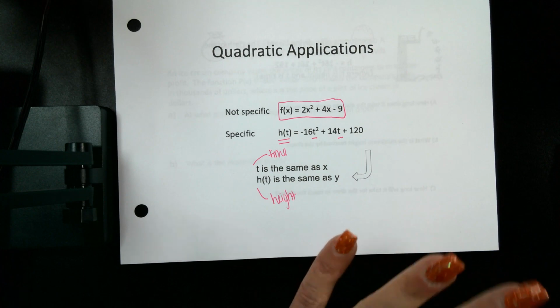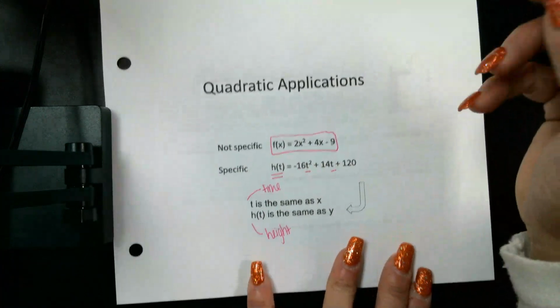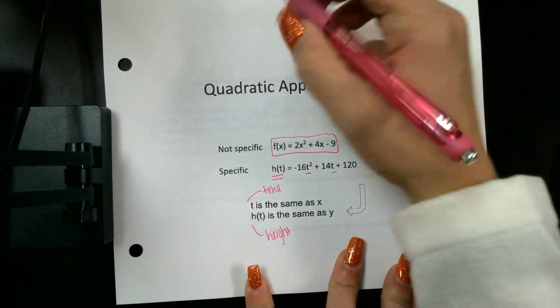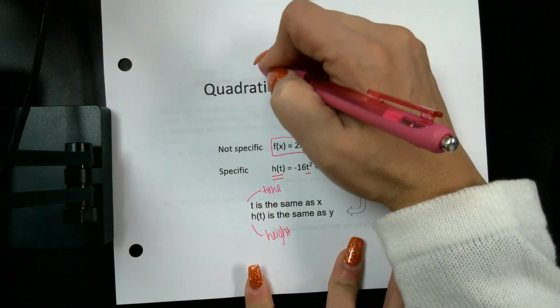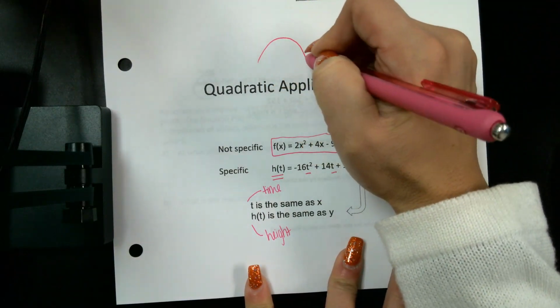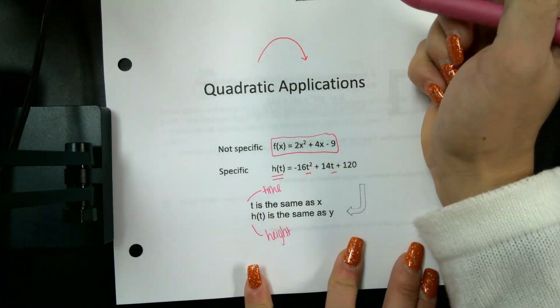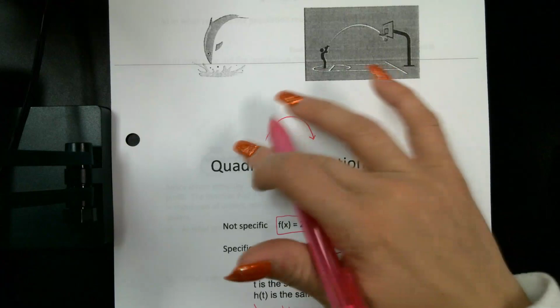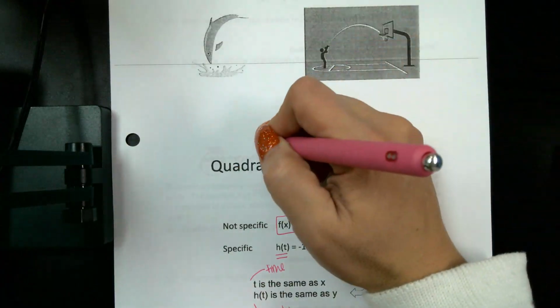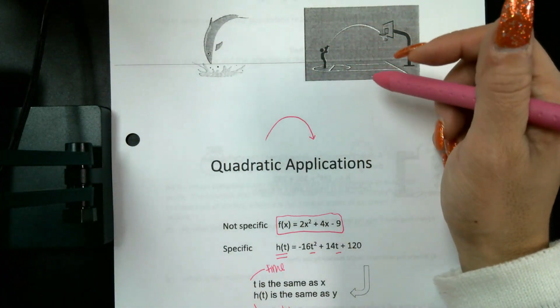Before we even turn the page, what I'd like you to do is, in this section, make a sketch of an upside down parabola.